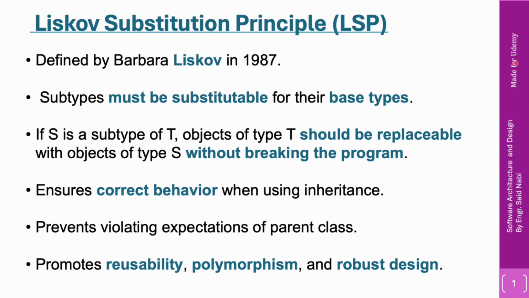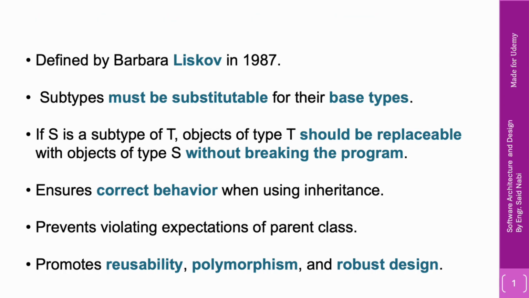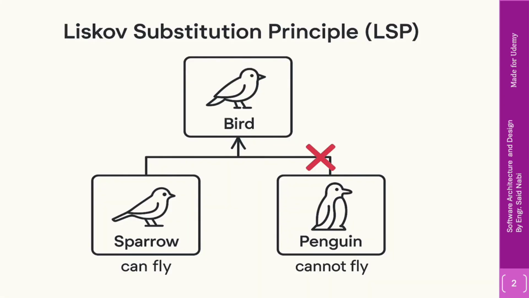Similarly, if we have a payment system, the base class payment method can have subtypes like credit card, PayPal, Stripe, and code using the method works regardless of the specific subtype. So LSP is the promise of safe inheritance, and subtypes honor the rules of their parents, keeping your code flexible, reusable, and bug resistant.